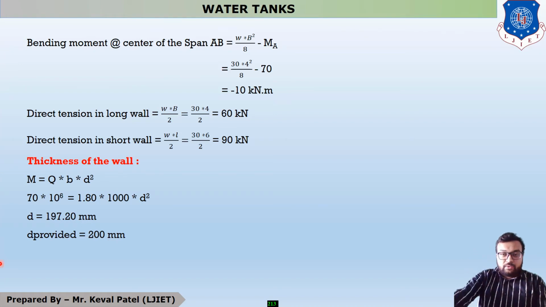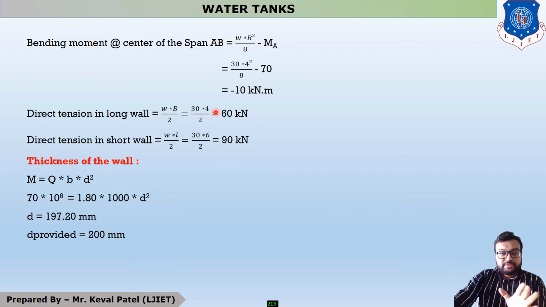Now this criteria, the design tension in long wall, was also discussed in the last lecture, that the equation of design tension in long wall is WB by 2. Now what is the value of W? The value of W is 30. The value of B is 4 divided by 2.